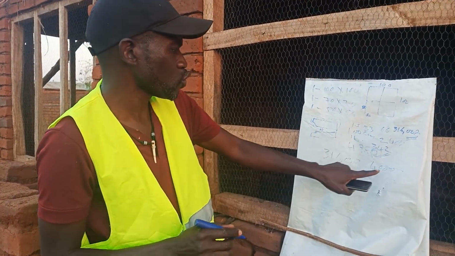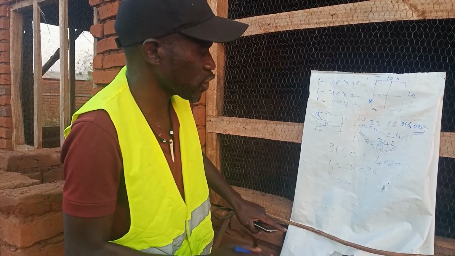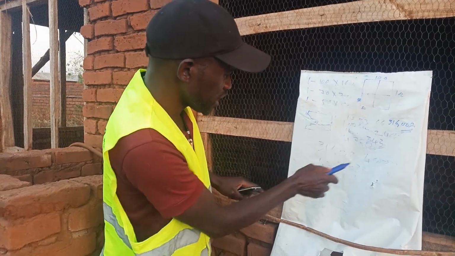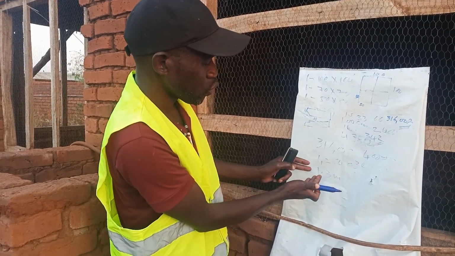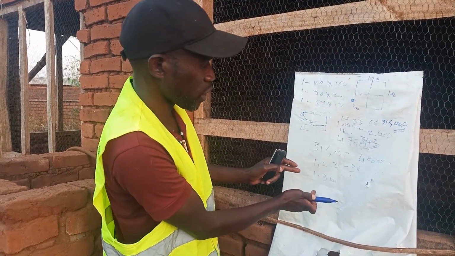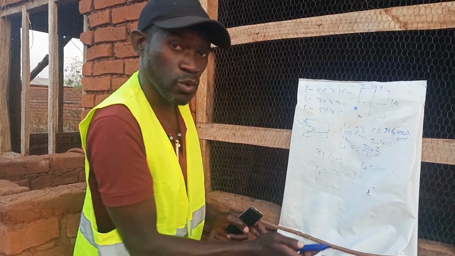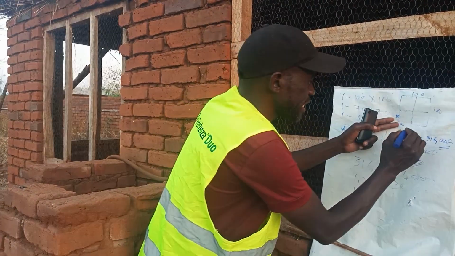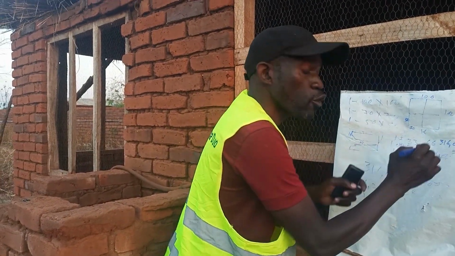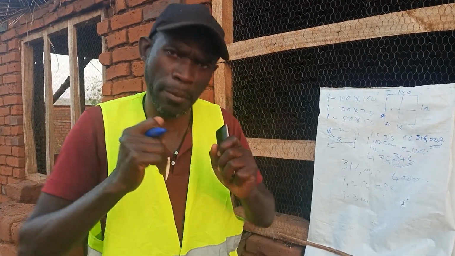So we need to know how many in a hectare. We need to find the plant population, this one. So in short, 1 kg will give you between 350 to 400,000 as a plant population.